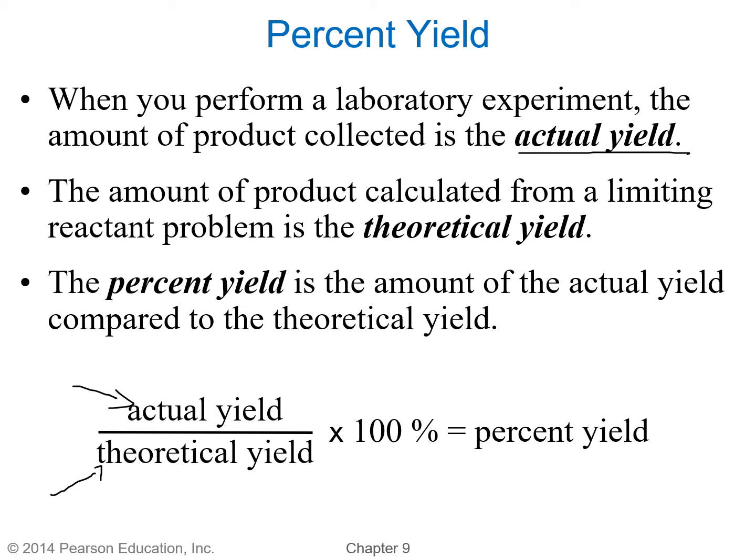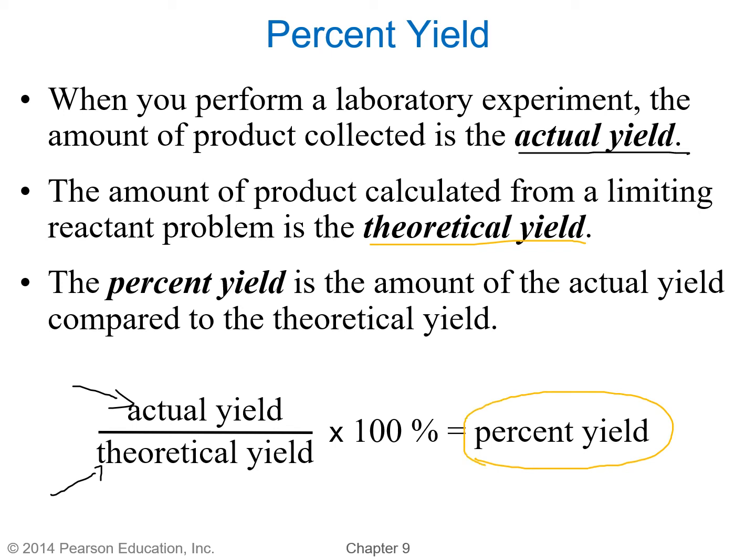The theoretical yield is calculated. This is what we've been doing this entire chapter, this theoretical yield here. So this is calculated based on the chemical equation. So the percent yield is defined as the actual yield divided by the theoretical yield. Now, sometimes you can end up with an actual yield that is higher than your theoretical yield, which will result in a percent yield of above 100%.